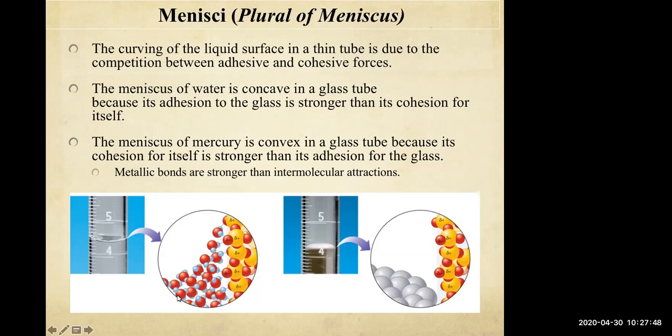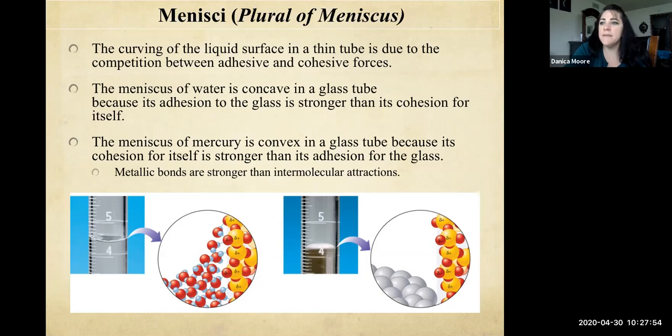I see, that makes sense. So one we're assuming is in a container and the other one's not. That's the biggest difference. Essentially, one is looking at the liquid just by itself, and capillary action is looking at the liquid and the container relationship.